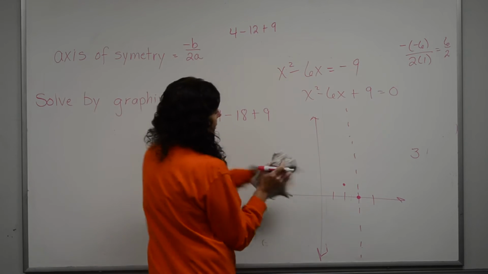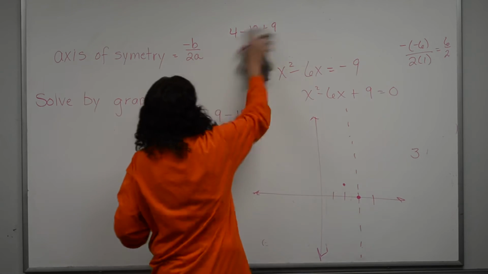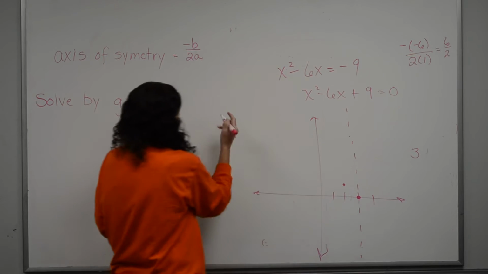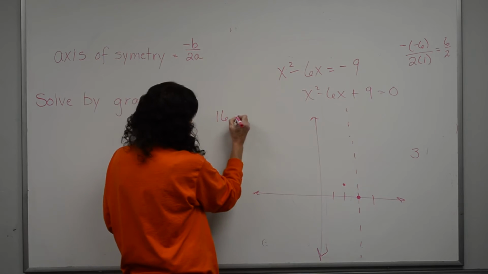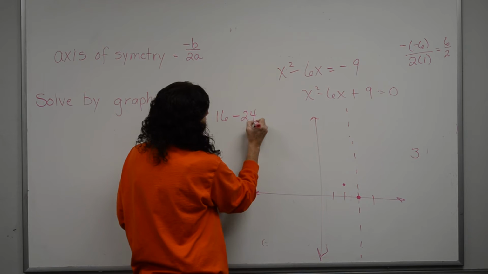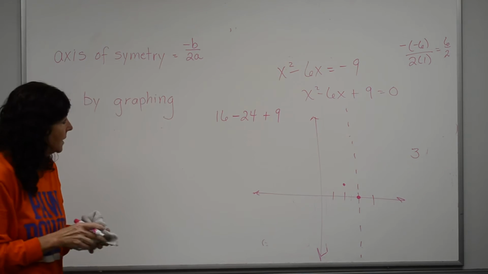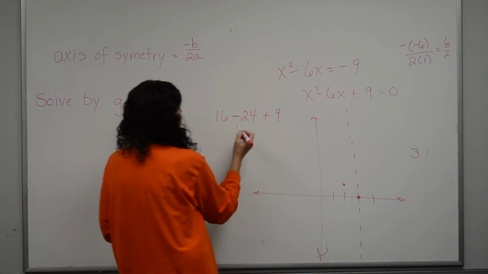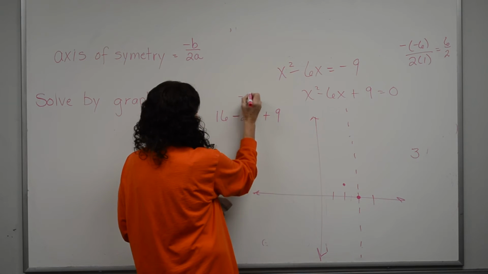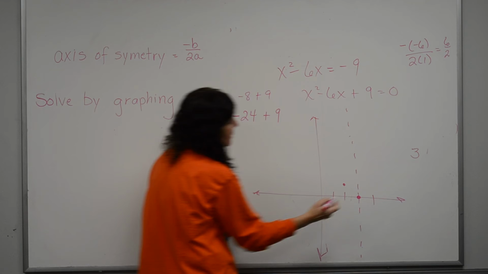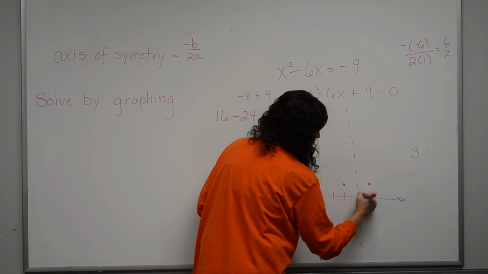So actually no, I'm going to plug in a 4. I already know what the 3 is. So let me plug in the 4. I'm going to have a 16 minus 24 plus 9. Okay, 16 minus 24 is -8, plus 9 would give me a +1.